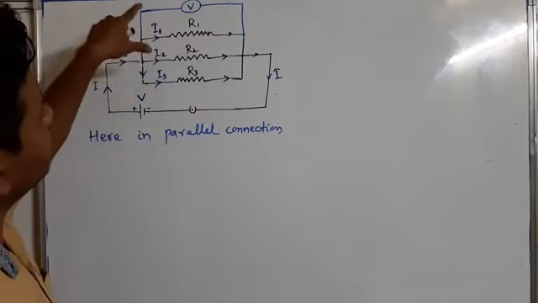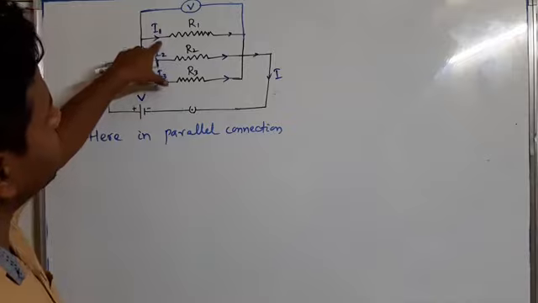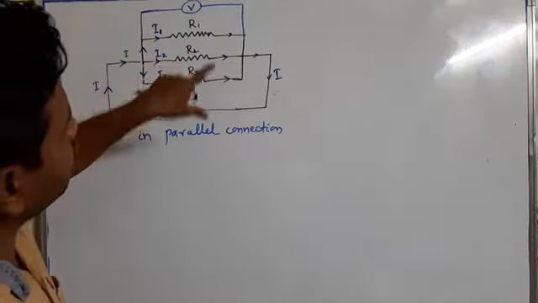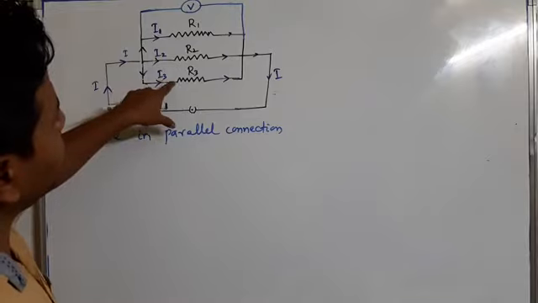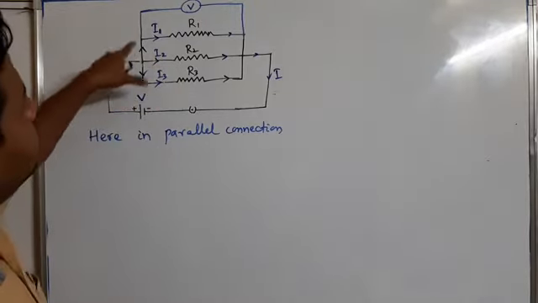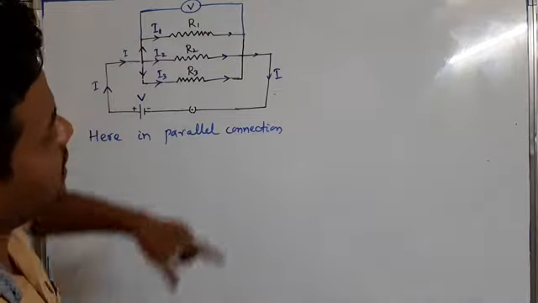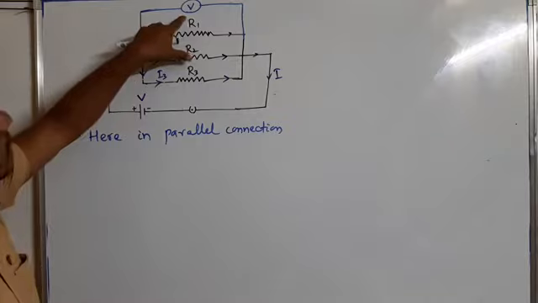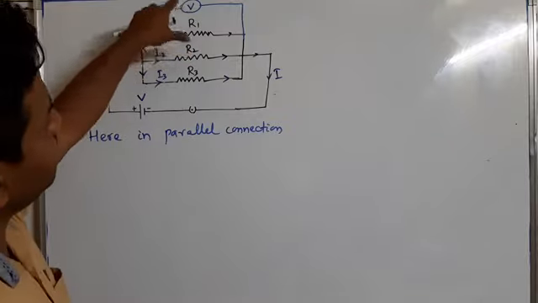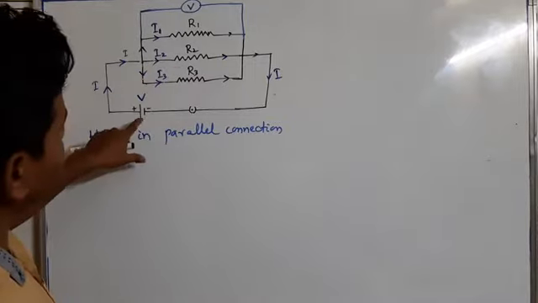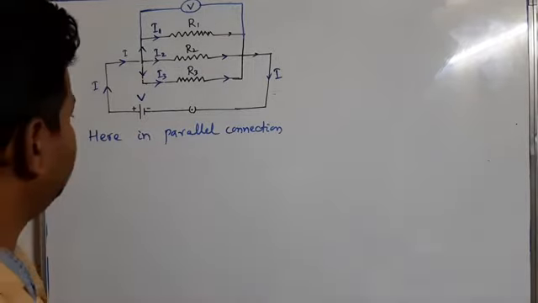Let I1 current flow through R1, I2 amount of current flow through R2, and I3 amount of current flow through R3. And the voltage across each resistor is same, shown by the voltmeter here. V is the voltage for each resistance, which is also equal to the voltage of the cell.